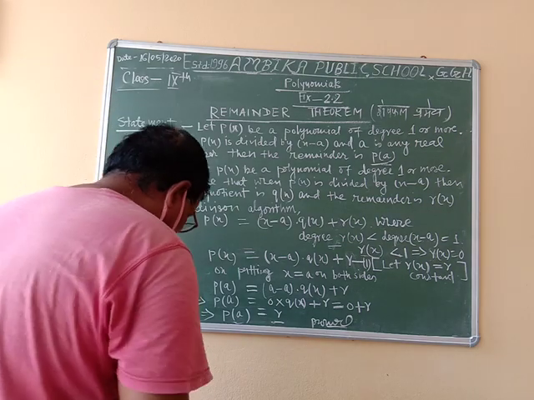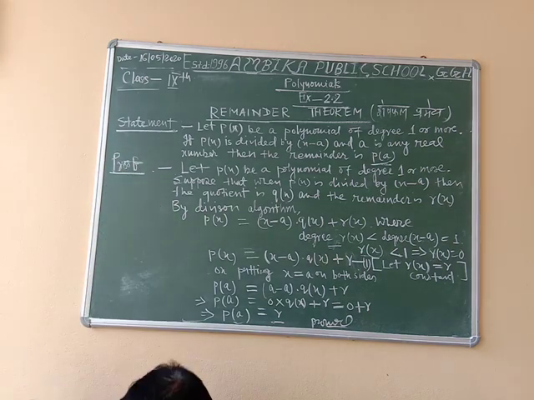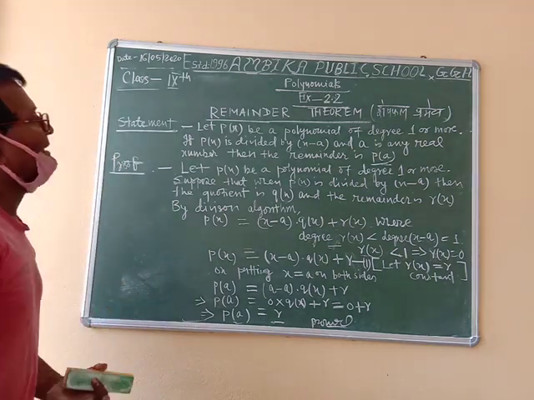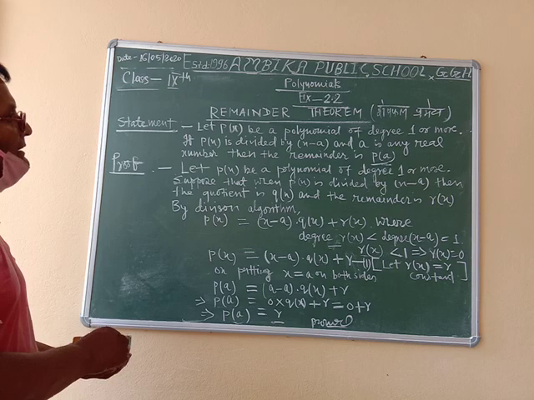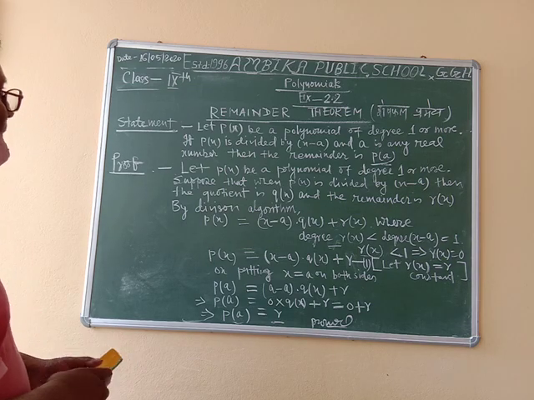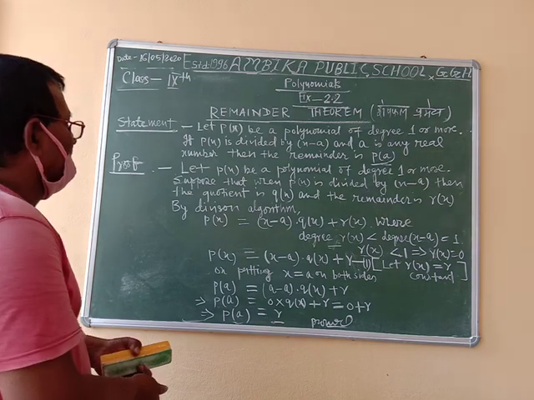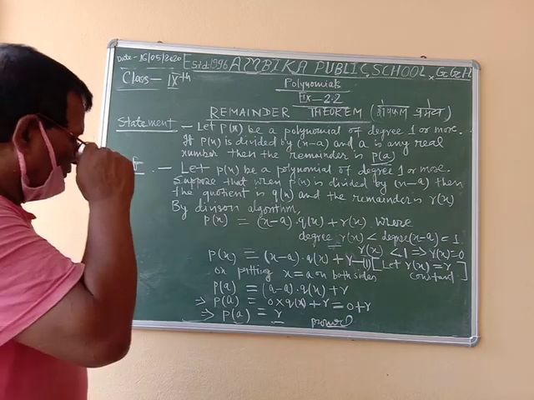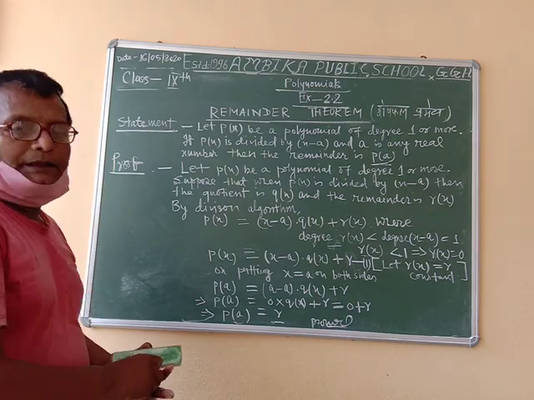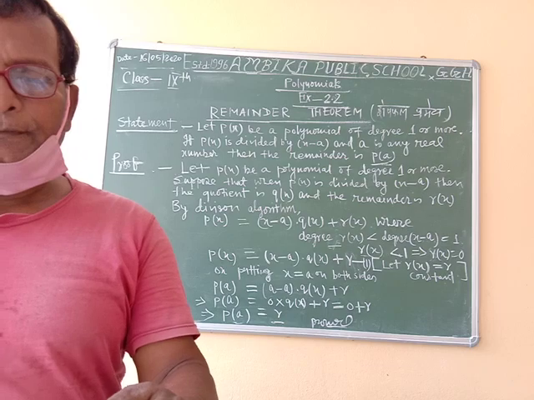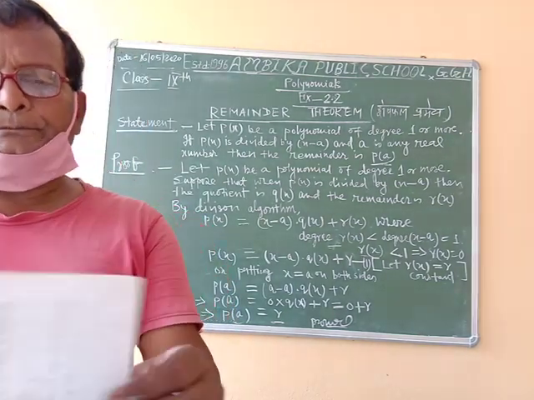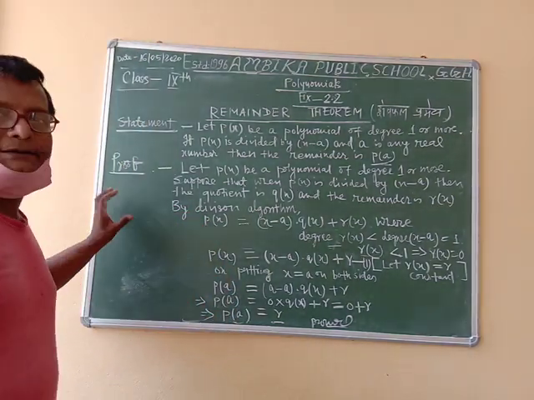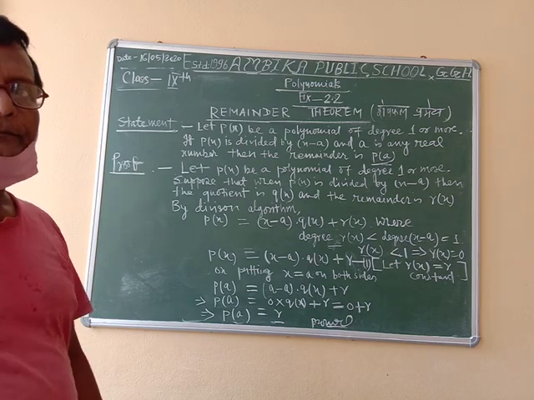This theorem is very important for you. You can divide any polynomial by a real number. So after that, in next class I will solve problems using this remainder theorem. Thank you.